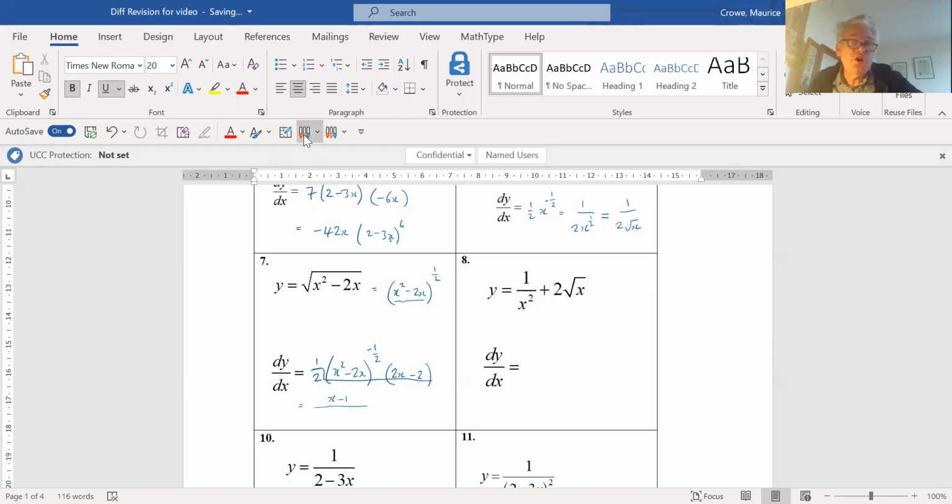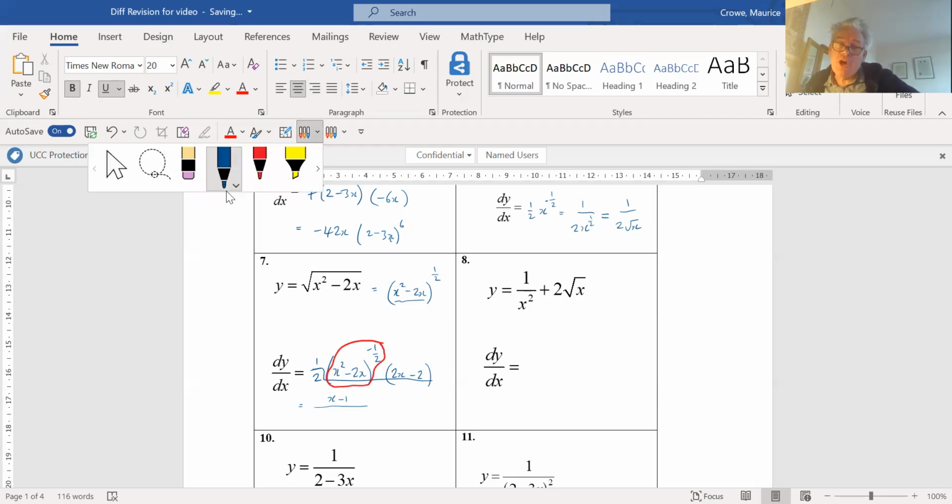Can I just change colors there now for a minute? And all of that there will go underneath the line and become x squared minus 2x to the power of plus a half, which is effectively a square root. Now, students ask me all the time, do you have to do that?